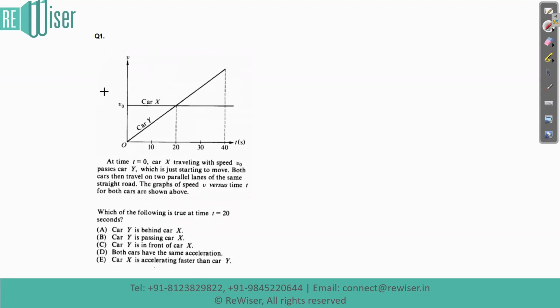As you can see in this question, it is asked that at a time t0, car X traveling with the velocity V0 passes car Y. So car X at time equal to 0 is moving with a constant velocity V0, and it has passed car Y, which is just starting to move.